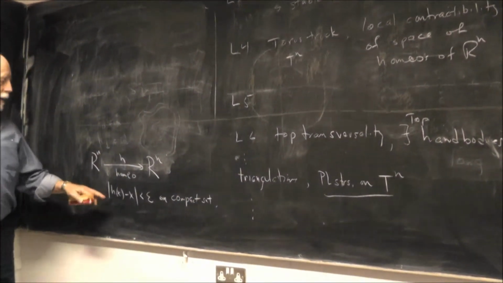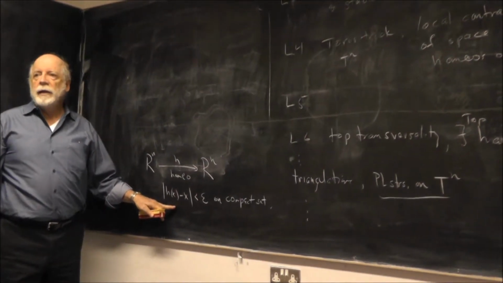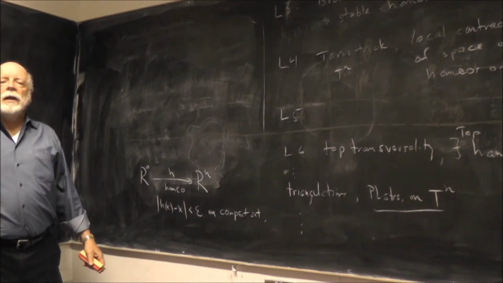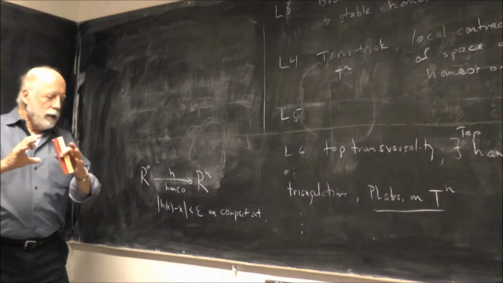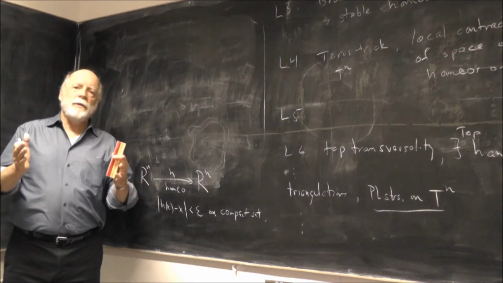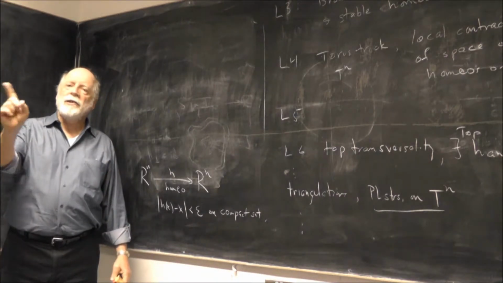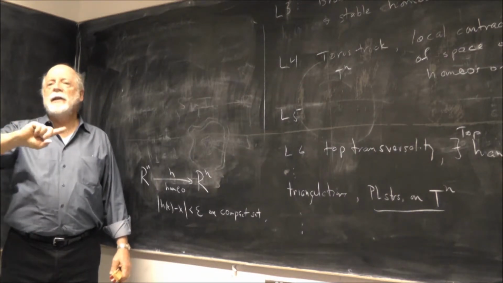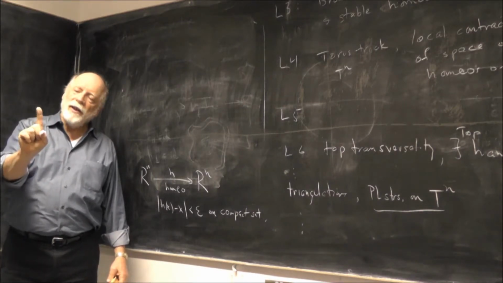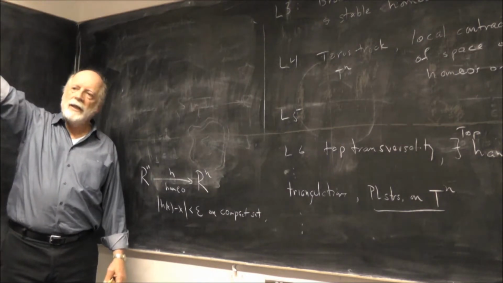That means it's close to the identity in the compact open topology. Two homeomorphisms are close if they're close on a compact set. If you ask for homeomorphisms to be close on all of Rn, a rotation is not even continuous, not even an isotopy, because no matter how small the change in the angle, way out at infinity things have moved a huge distance.